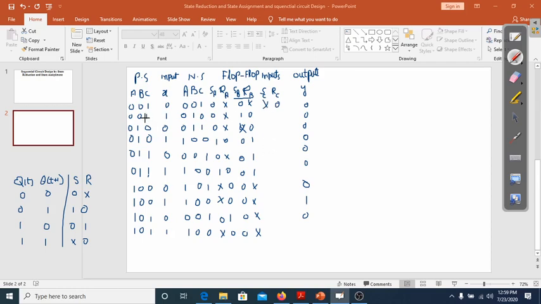Next case present state is 1, next state is 0, so reset 1, set is 0. Present state 0, next state 1, so set is 1, reset 0. Present state 0, next state 0, so in this case set is 0, reset is don't care.